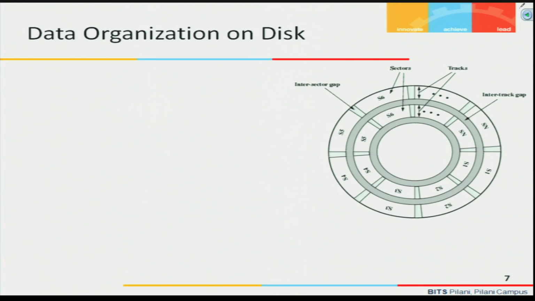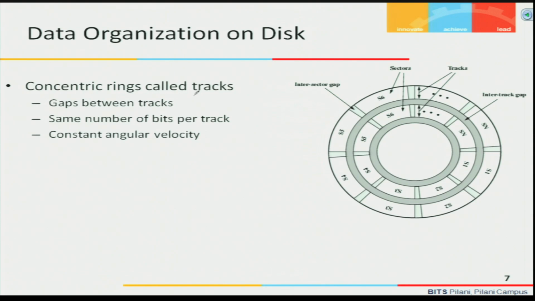In this picture you can see the complete recorded surface, this circular disk, is divided into some areas. These are called recording areas, called tracks. There are concentric rings, and these rings are called tracks.